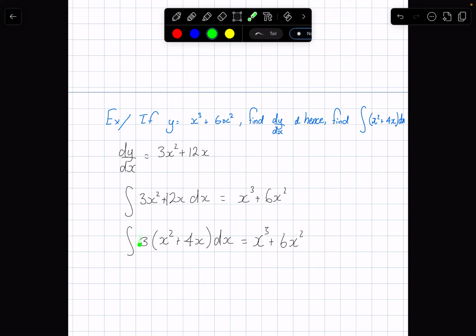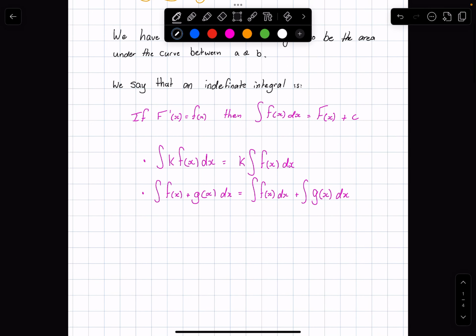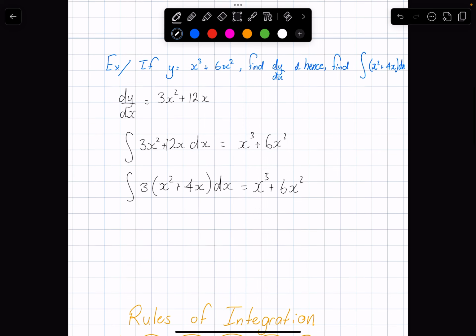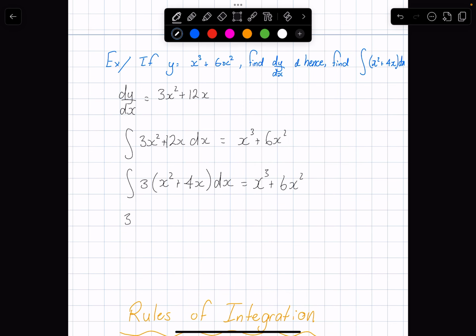Now I've got this pesky little constant here, but using my rule above, I can bring that 3 out the front. So we can write this as 3 times the integral of x squared plus 4x dx, and that's equal to x cubed plus 6x squared.